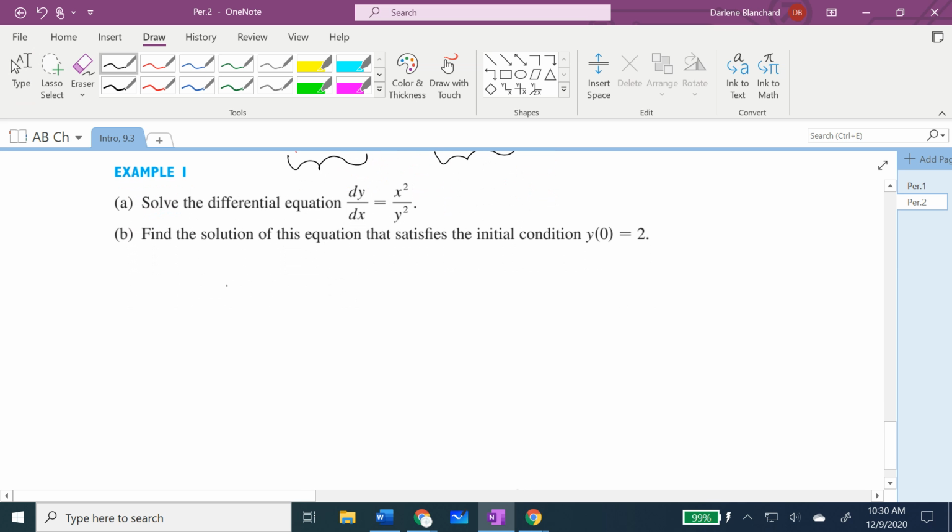I'm going to multiply y squared over to the left, and I'm going to multiply dx over to the right, and I'm now separated. I'm now going to integrate both sides.